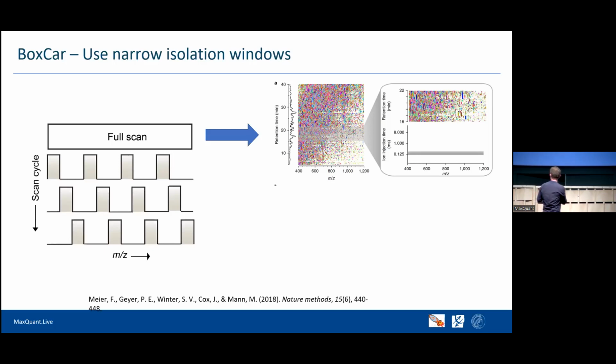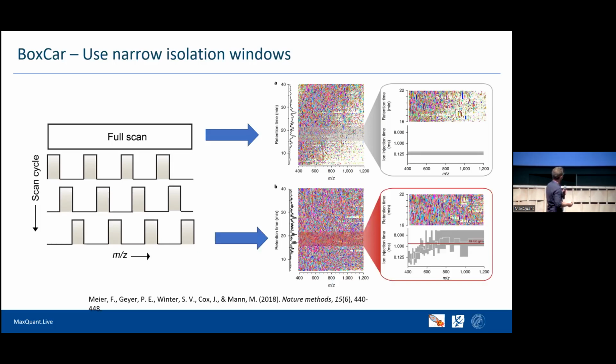You have several cycles and you apply this BoxCar function. Certain ranges are selected and filled into the C-trap and then measured in the analyzer. You do it with several scans, one after the other, to cover the whole mass range. And this helps to boost the number of features that you generate.